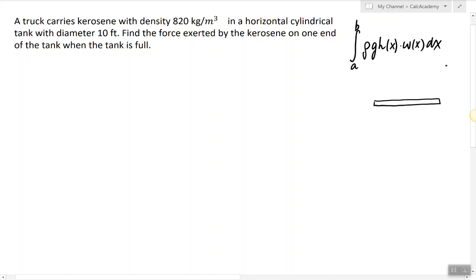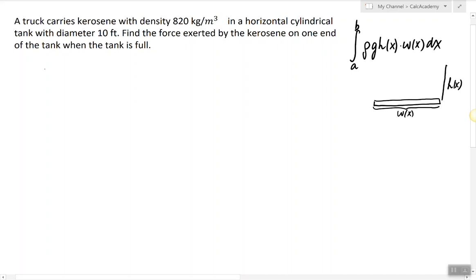h of x is the expression for the height of this surface, or the depth of the surface under the water, and w of x represents the width of the surface.